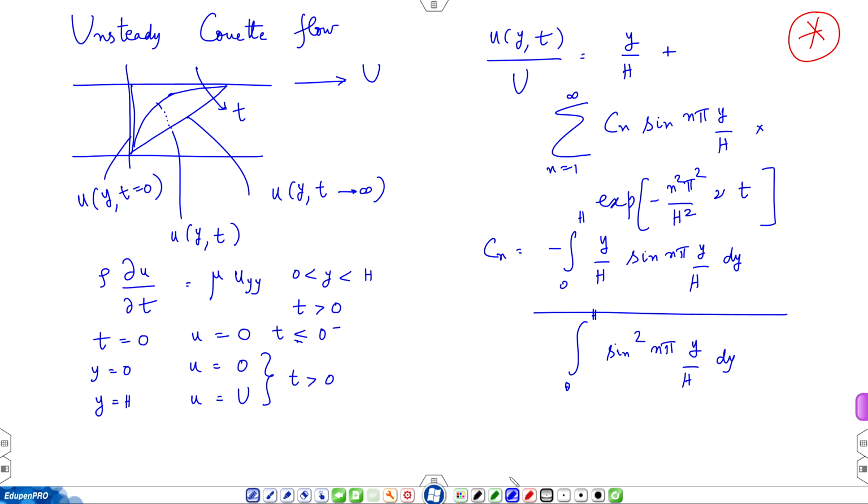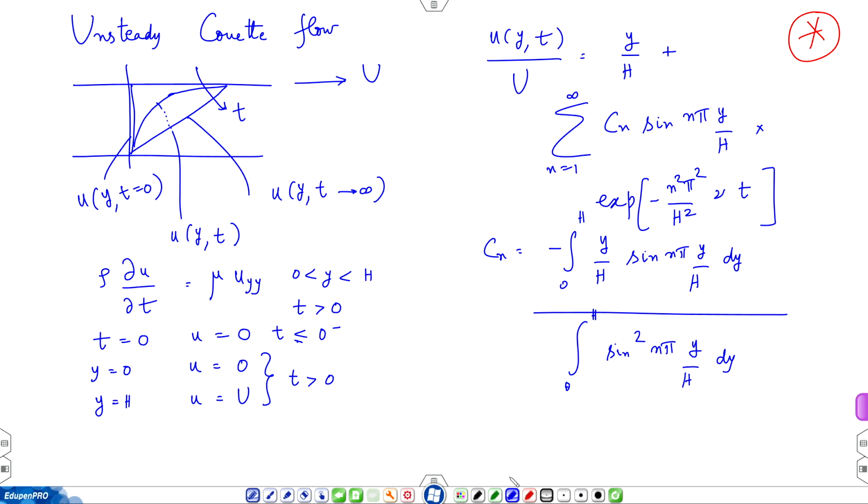Now, when you are given a solution, how do you ascertain that it is a solution? First, it should satisfy boundary conditions. If it is an unsteady problem, it has to satisfy the initial condition, and of course, it has to satisfy the governing equations. You can at least confirm that it will satisfy the initial condition, because the Cn is found by imposing initial conditions.